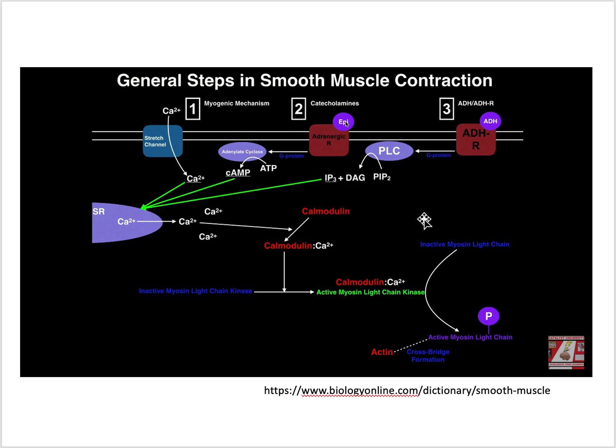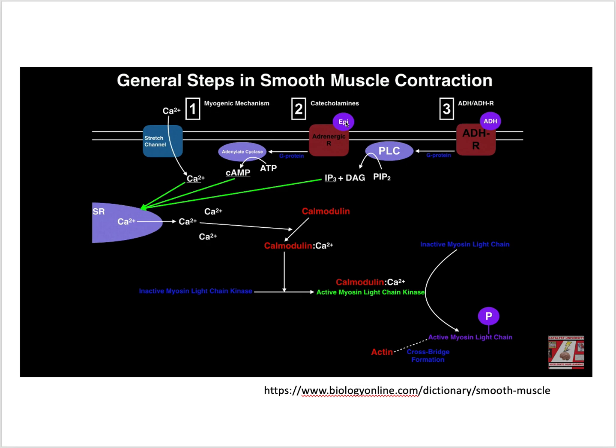And they can either open calcium channels directly on the plasma membrane, or they can operate through second messenger systems to affect calcium channels present on that sarcoplasmic reticulum to release calcium. But either way, if we're going to get smooth muscle contraction, we have to have an intracellular rise in calcium concentration so that we can have calcium calmodulin activate myosin light chain kinase to phosphorylate myosin, and then we can get our cross-bridge cycling happening, okay?